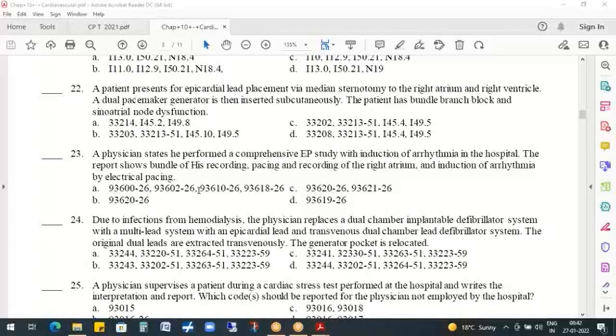Mark the code in your textbook: 35301. 35301, that is the important procedure done in the inpatient visits. Common procedure: thromboendarterectomy for carotid arteries. 35301. It's a direct code. Somewhere you can write down: thromboendarterectomy, carotid artery, 35301.